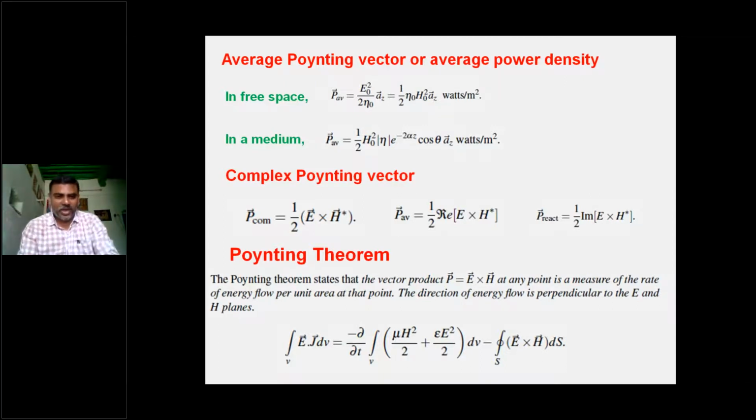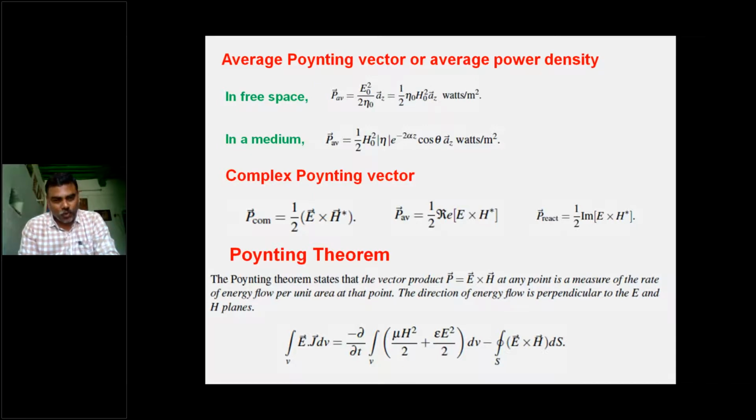And here the Poynting vector derivation explains why we call E cross H the Poynting vector, in the Poynting theorem. The Poynting theorem says that the cross product of E and H at any point indicates the rate of energy flow per unit area at that point.